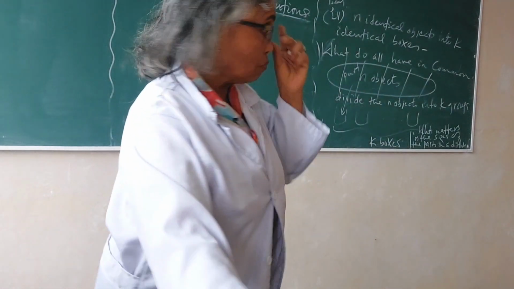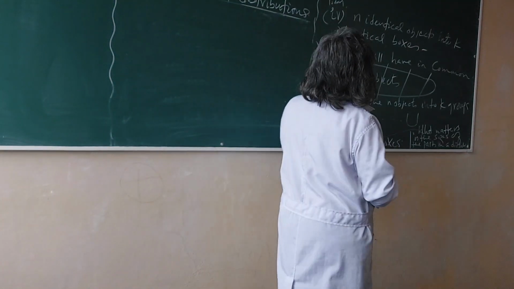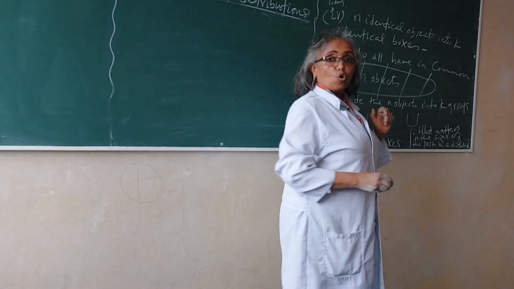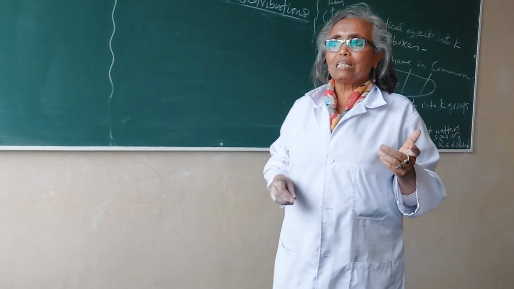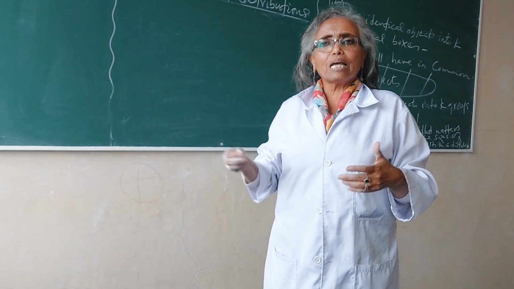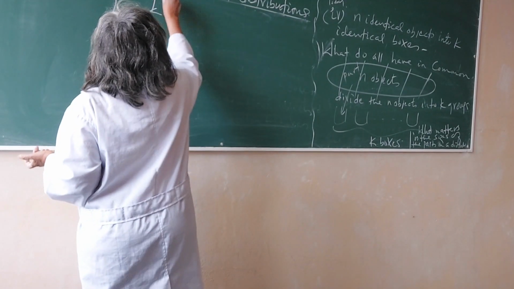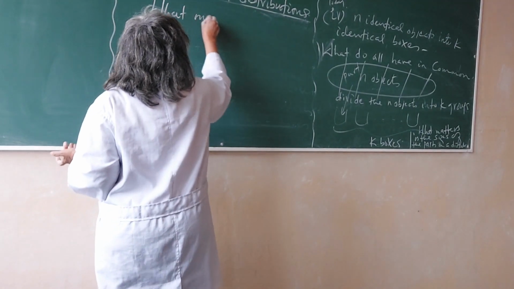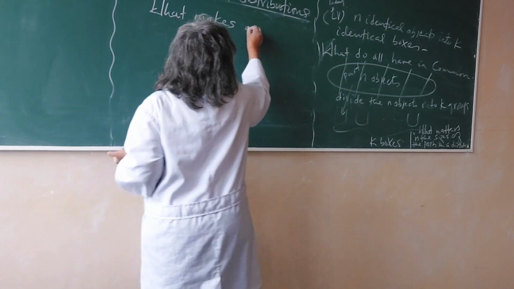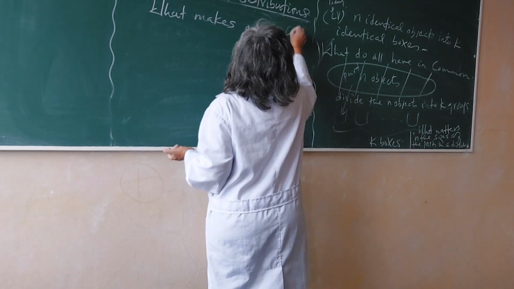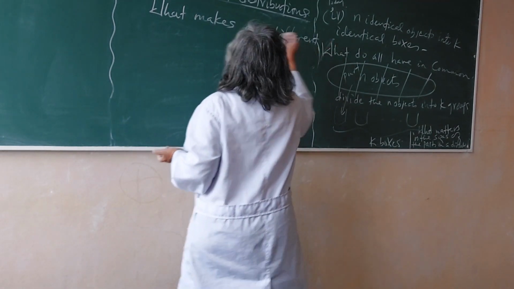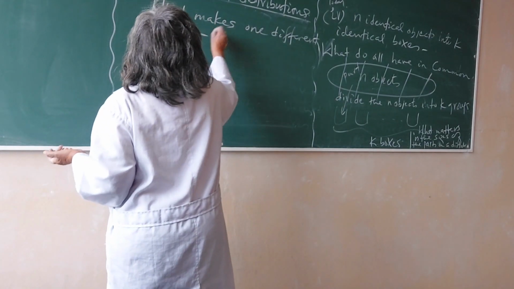Now, what happens when we add one more property, like the n objects are distinct? So, we are going to discuss now what makes one different from the others.